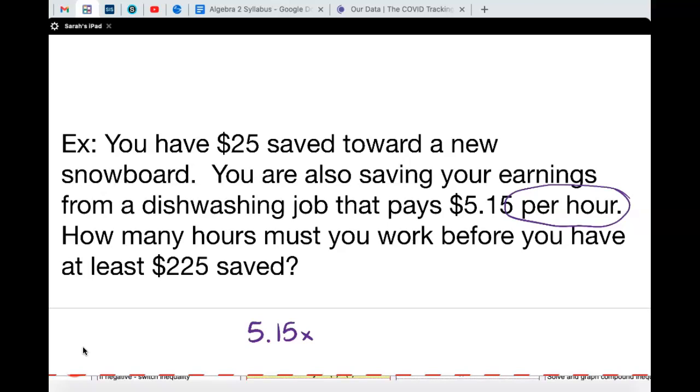Plus 25. So at least 225. So 225 should be the little one. Yeah, so this is how much money I have in my pocket after I make the money. But it needs to be larger than the cost of the snowboard.